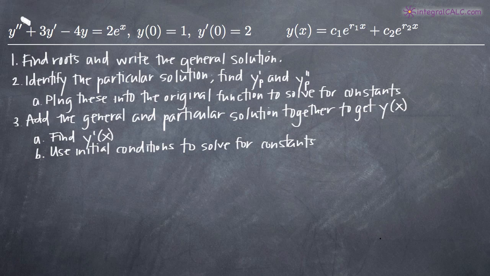The trick I always use, and you'll see this in my other videos, is I count the number of hash marks on the y, just so I remember. Because there's 2, I'm going to change this into r squared. 2 hash marks, this is going to be r squared. Plus 3, we have 1 here on this y, so that's going to be r to the first power, which of course will just be r.